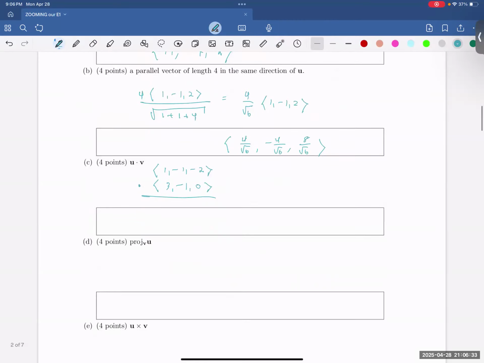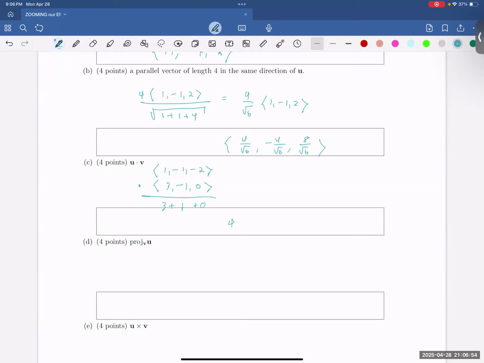And then you are going to get a scalar, and you multiply component-wise and then add those up. So 1 times 3, -1 times -1, 0 times 2. So 3 times 1 is 3. -1 and -1 is 1. 0 times 2 is 0, and we're going to get 4.